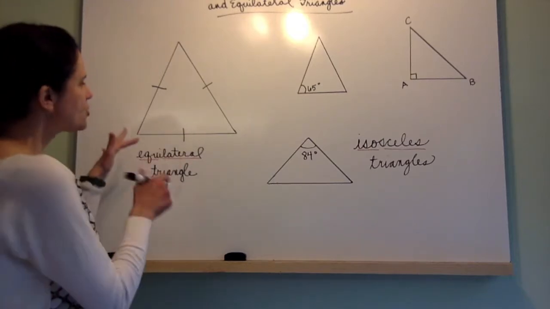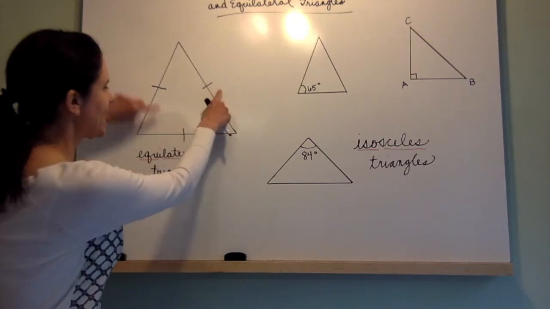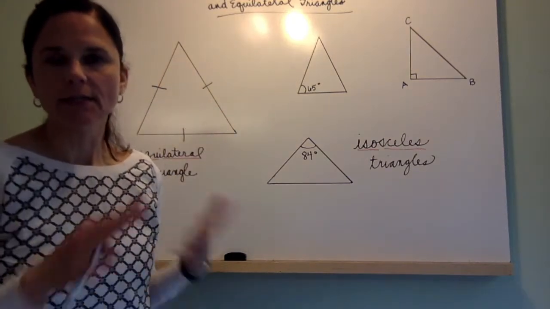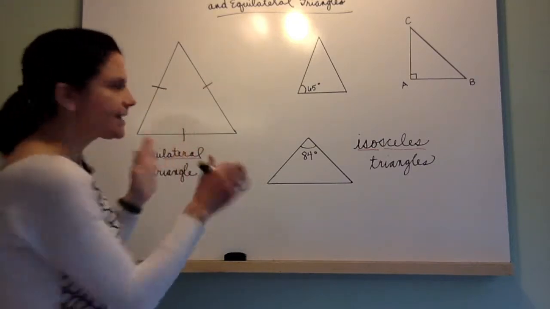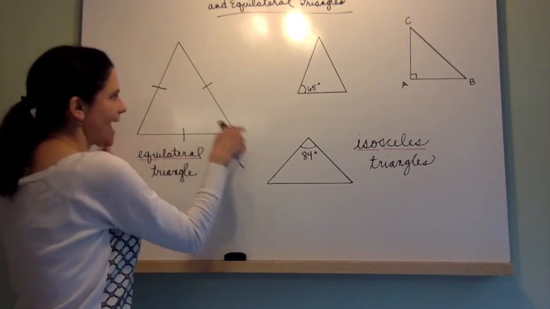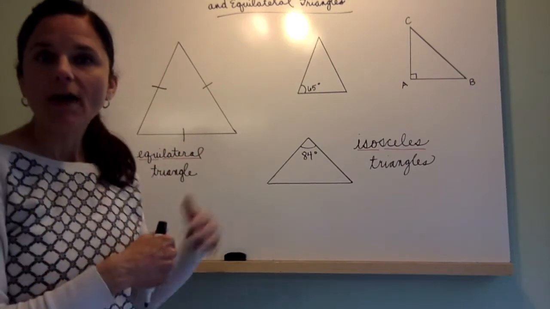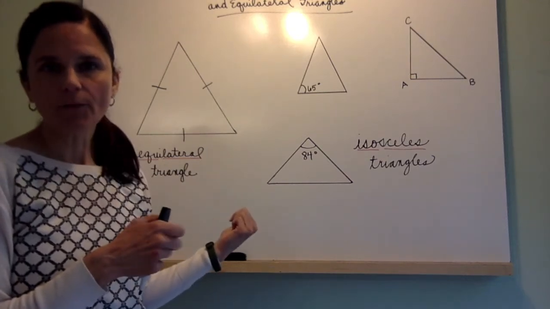But for right now, just know that anytime you see a cross line, that is an indication that every side with a cross line is equal. So when you see this, and you're not given the measurements of any of the angles or any of the sides, you can automatically know that that is an equilateral triangle. All 3 sides are equal.